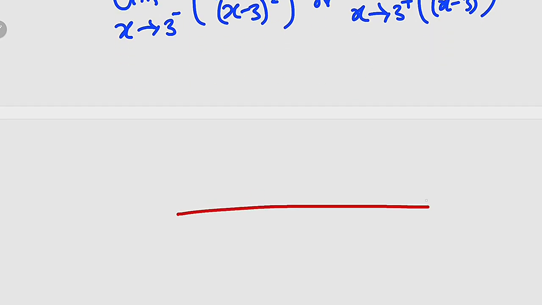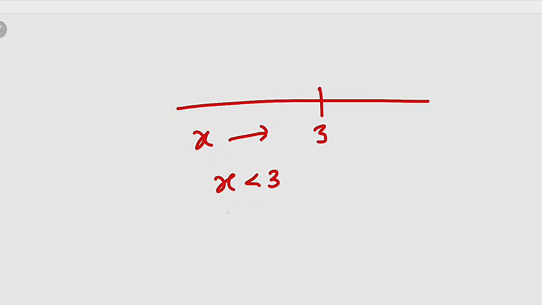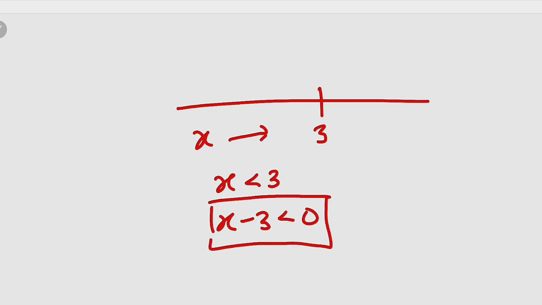Suppose we have a number line here where we have our 3. If we want to approach this 3 from the left hand side, we have x approaching 3 from the left hand side. It implies that x is less than 3, right? All the values of x are less than 3, which implies that x minus 3 is less than 0. This means that x minus 3 is negative.